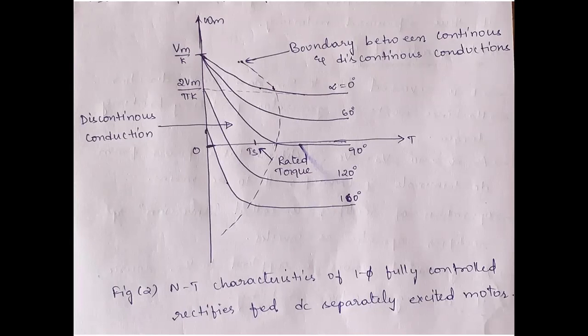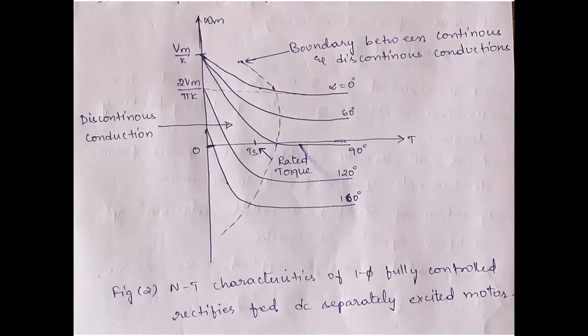When speed and EMF decrease, the armature current and torque increase again. This is the condition in continuous conduction mode, and it holds when VA is constant.